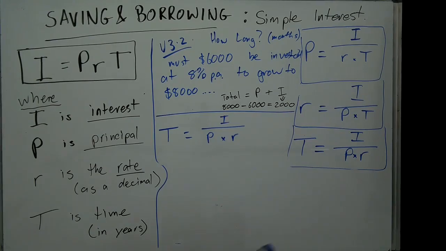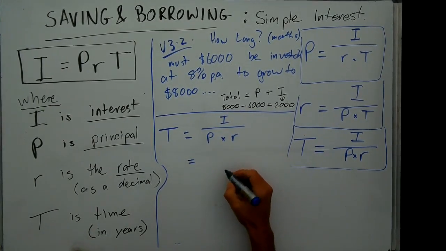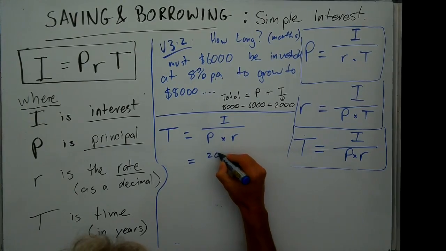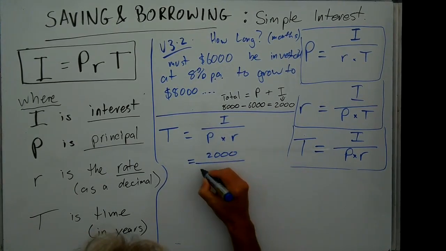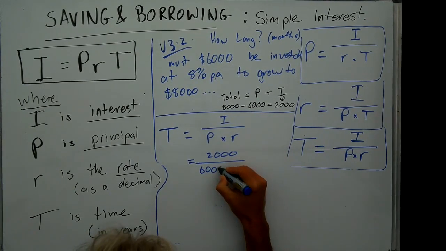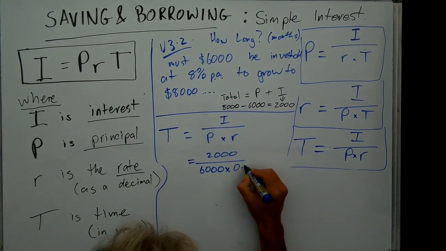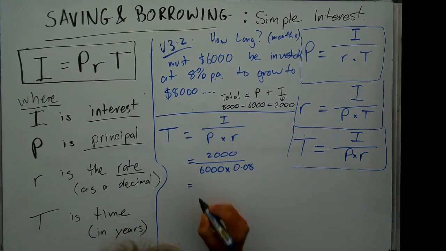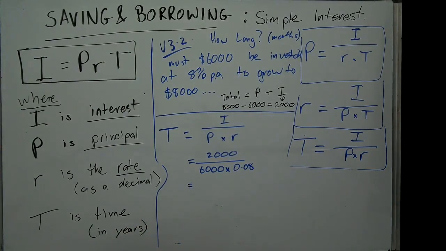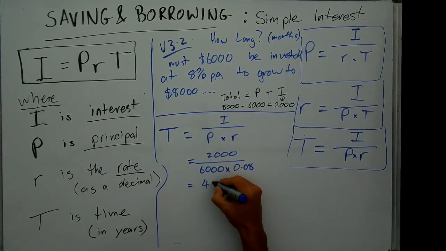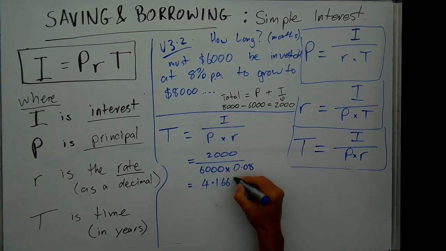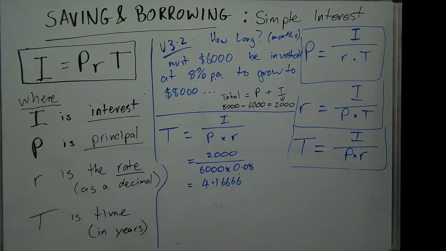So let's do that. So the time is the interest, 2,000, divided by the principal, 6,000, multiplied by our 8%, equals 4.166 recurring.